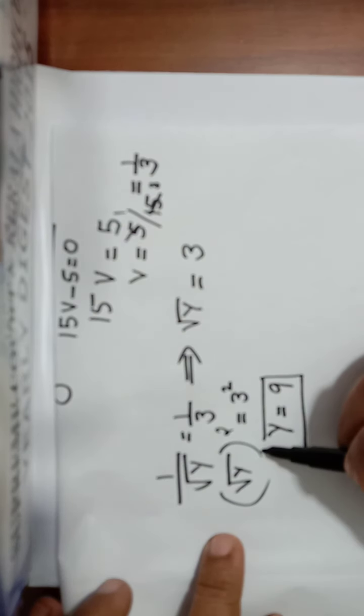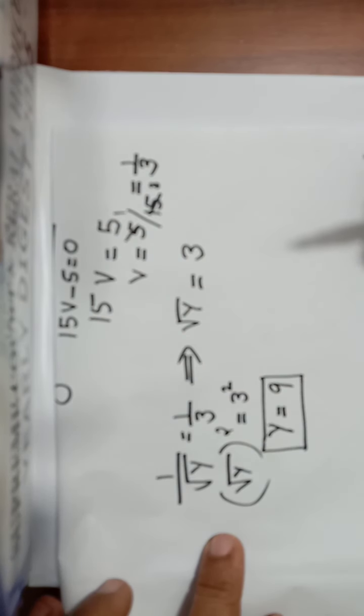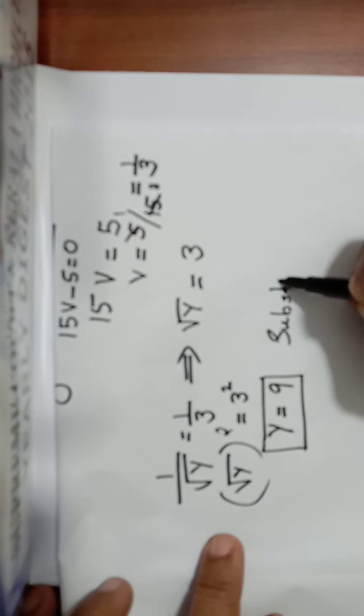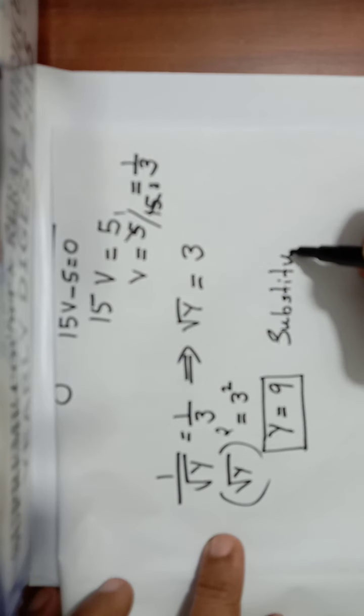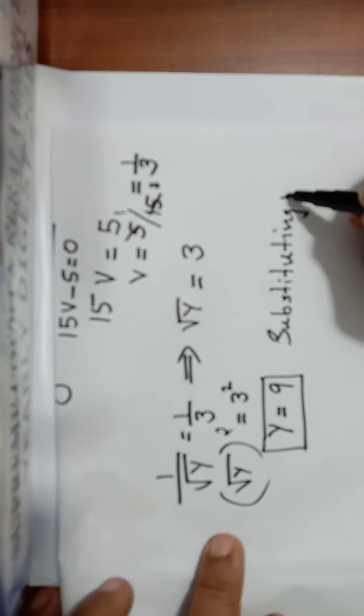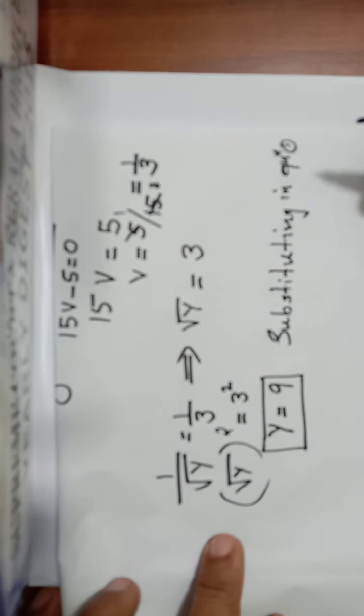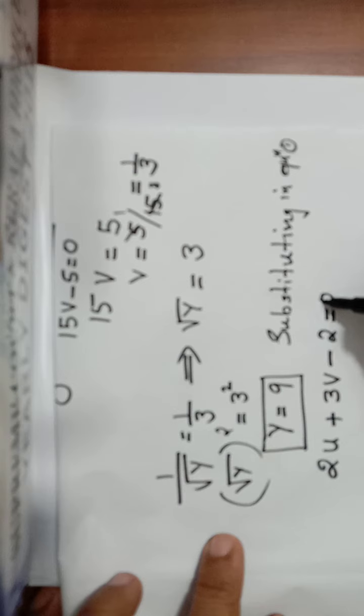You have to keep it in a box. So let us find out how we will get x. We have to substitute in an equation. Substituting in equation 1, in any one of the equations we can do. What do we get? 2u plus 3v minus 2 equal to 0.